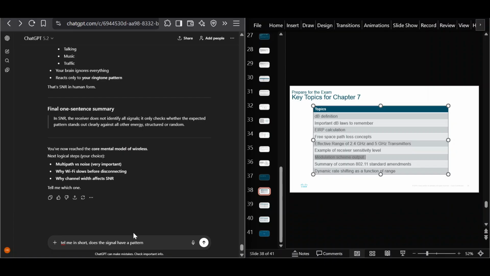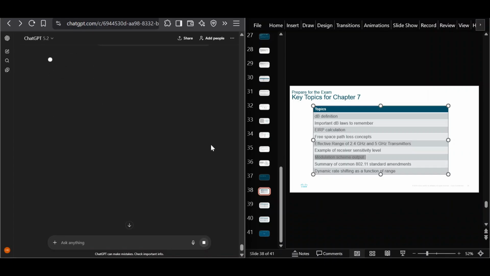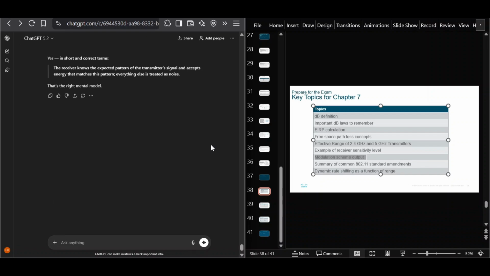Does the receiver have to accept the transmitter and then differentiate the signal from noise? It just ensures it knows the exact timing and accepts the signal. Okay, let's go.